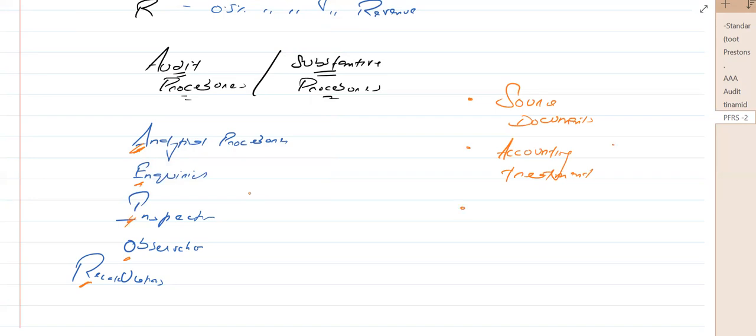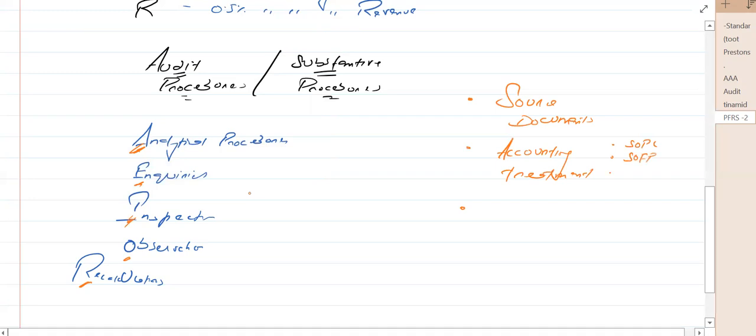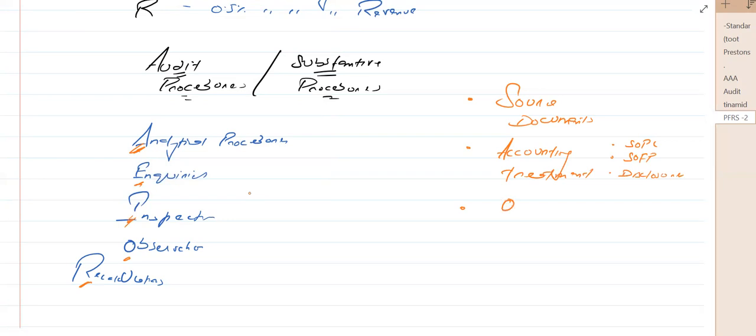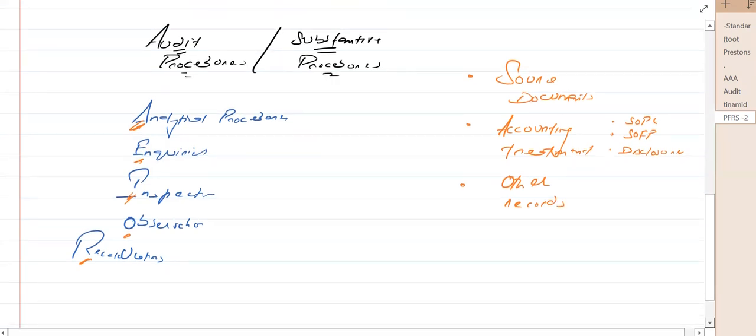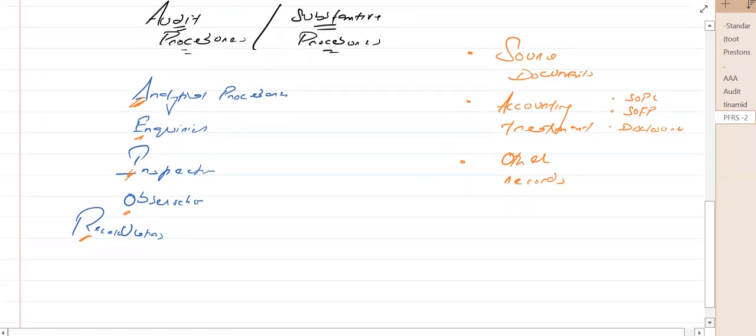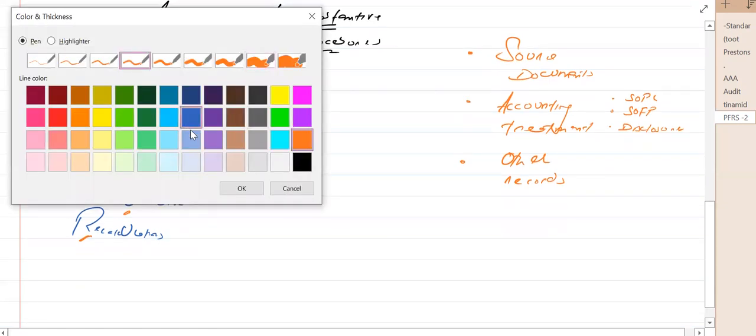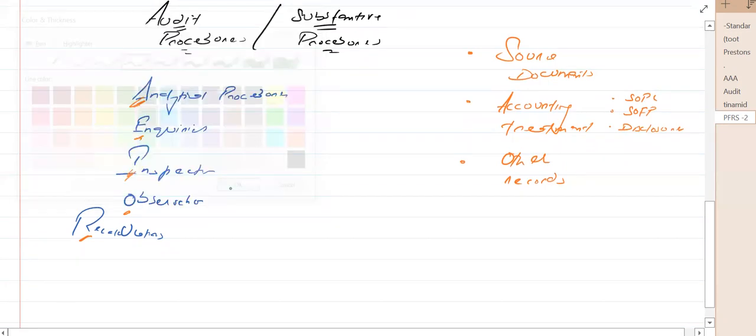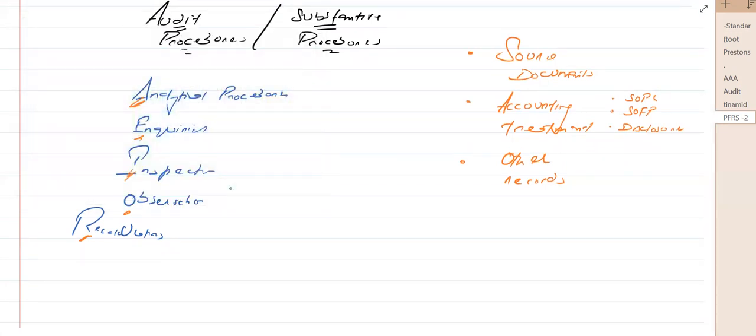That means the statement of profit or loss, the statement of financial position, and then we have the disclosure, that means notes to the financial statements. And then we have some other records, for example, such as the bank statements and the budgets and the board minutes, sometimes things like that. So here we have the AEIOU thing, and we have the source documents, accounting treatment, other records. And remember, we are making the procedure relevant to the IFRS 2 share-based payment.